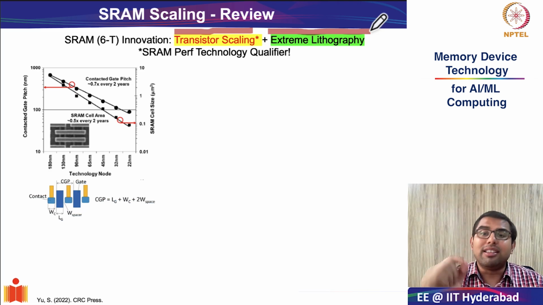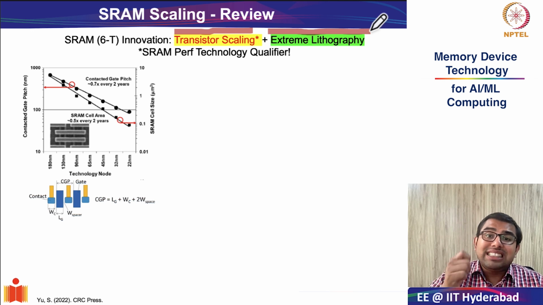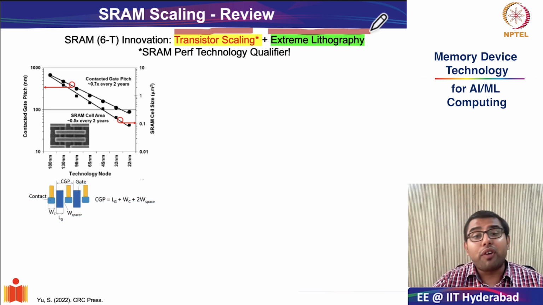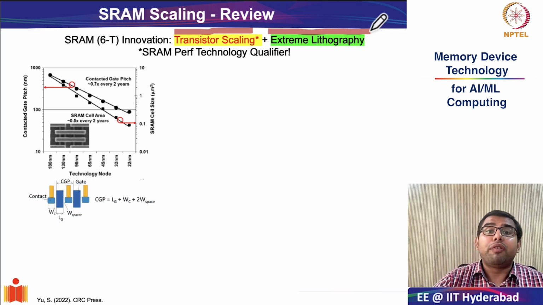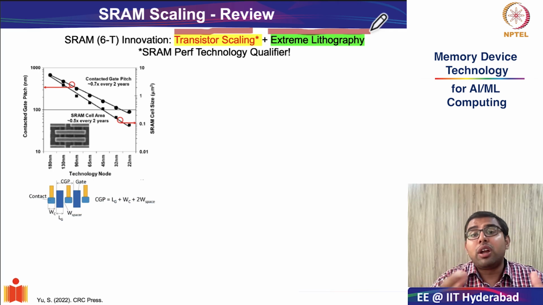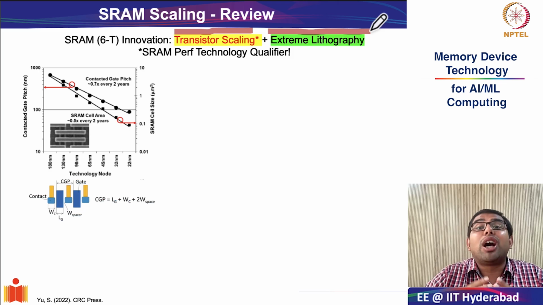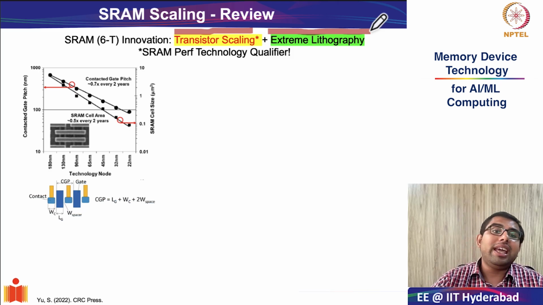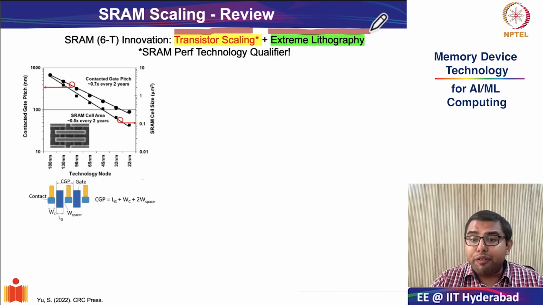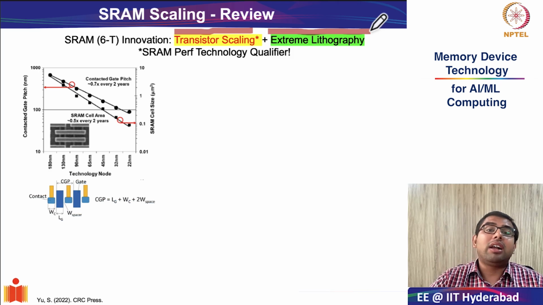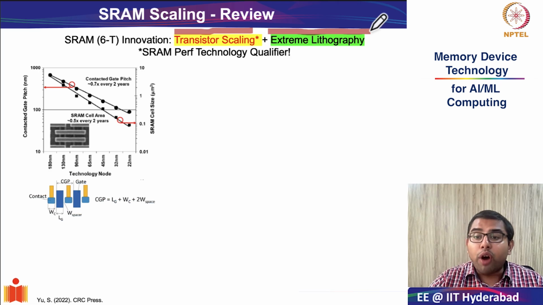So nowadays we are in the 3rd generation of nanolithography, where we are able to print really tiny dimensions using extreme UV lithography. Okay, now the benefits that individual transistor performance has derived from both these aspects, transistor scaling technology and extreme lithography, have actually been transferred over even to the SRAM technology, and therefore SRAM technology has become a technology qualifier for any advanced technology nodes.